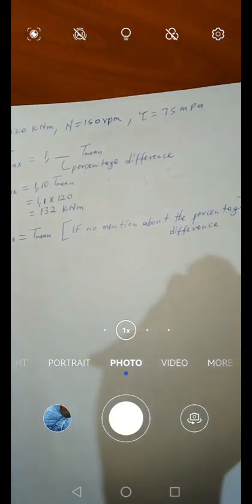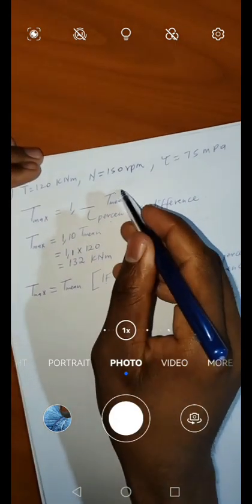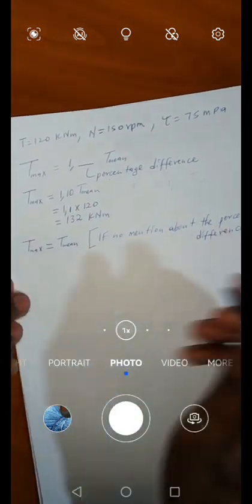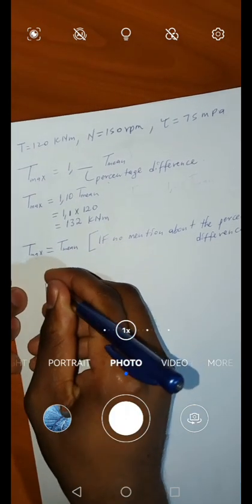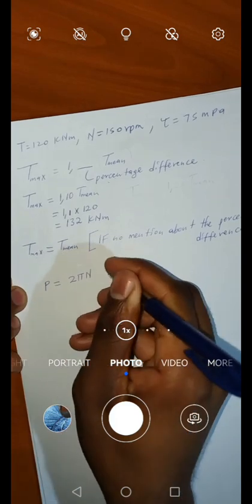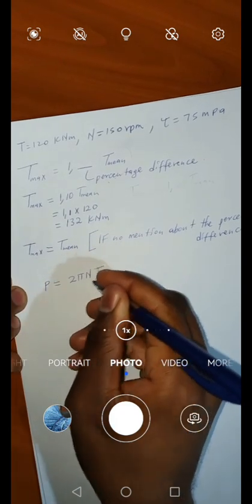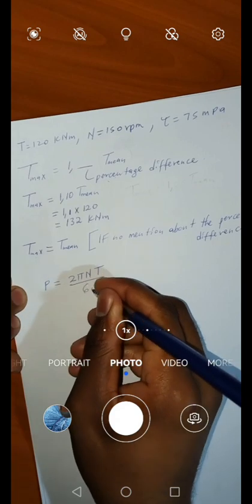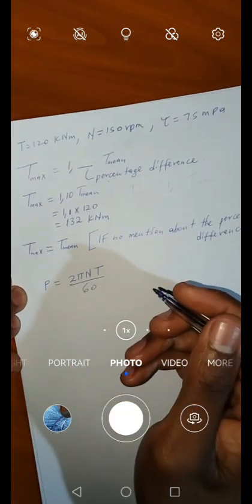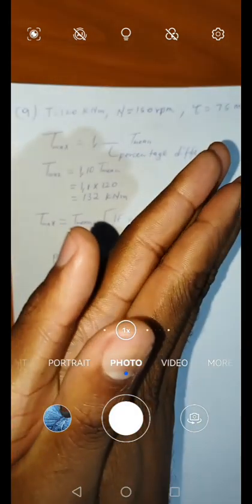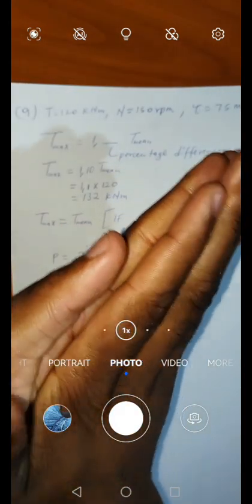Sometimes this min torque, you will get it from this: the power equals 2 pi N T over 60. This is the power that you need to rotate that shaft.